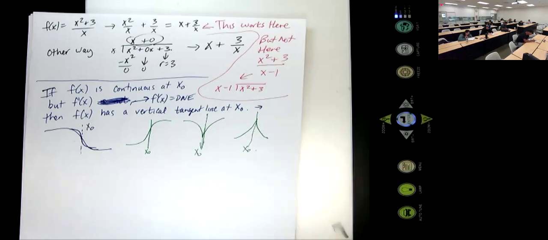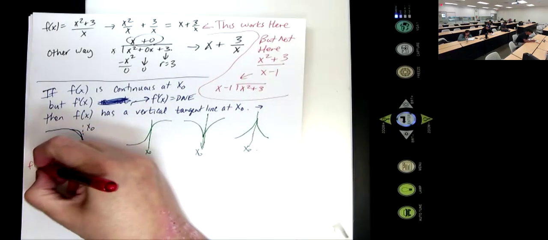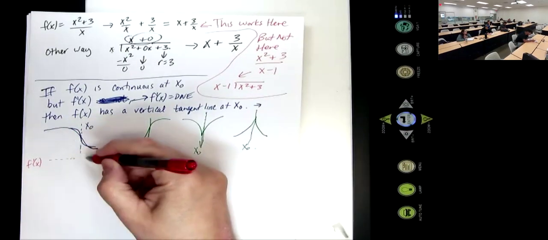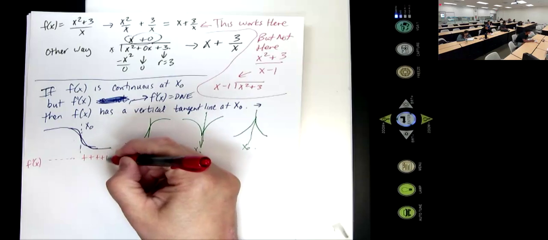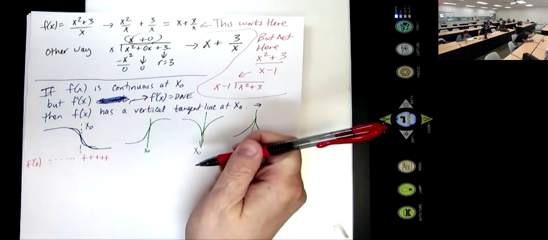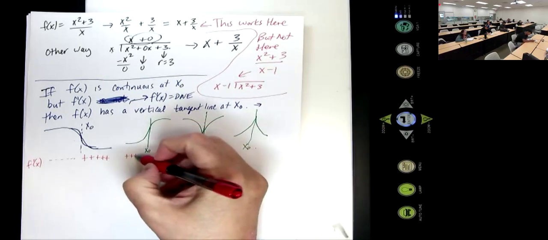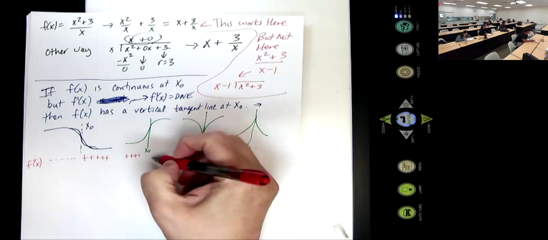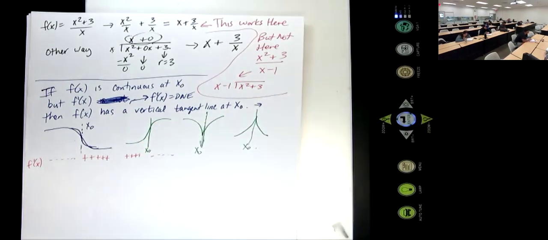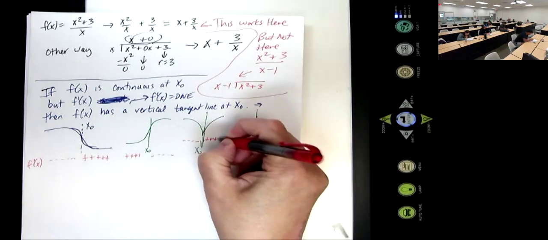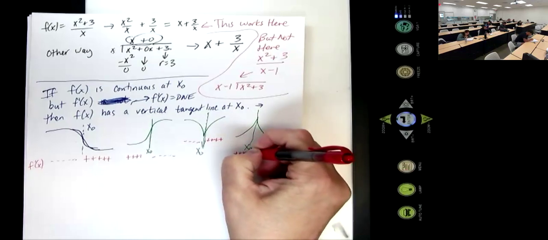Like if we do a sign chart, I'll do a sign chart below it. This is negative right here, but it goes positive here, starting to go up. Here, the slope is increasing and then it gets to x naught and it starts decreasing. We can see this is negative and then positive, and this one is positive and then negative.